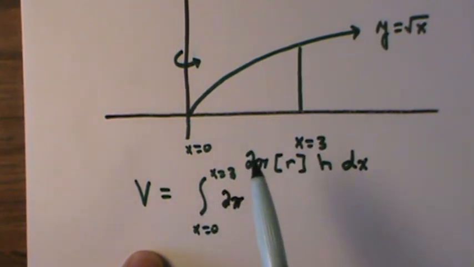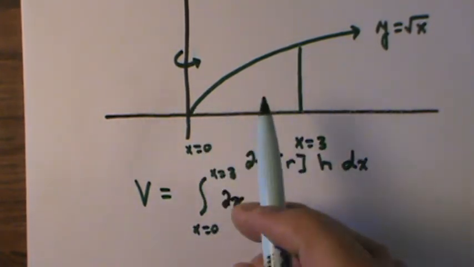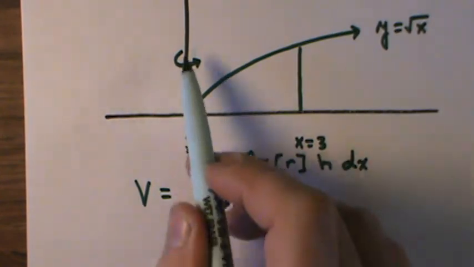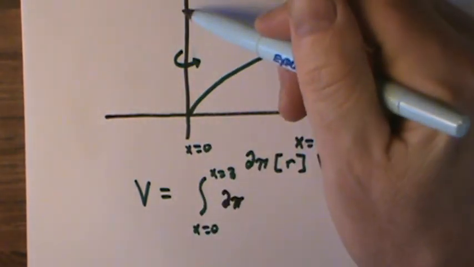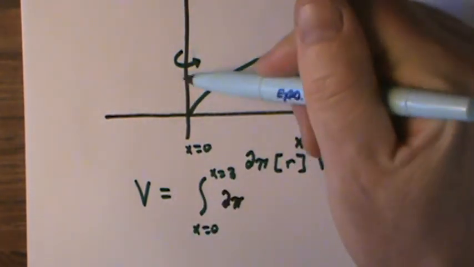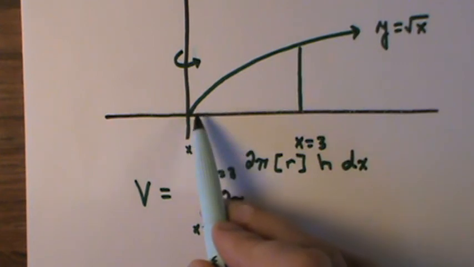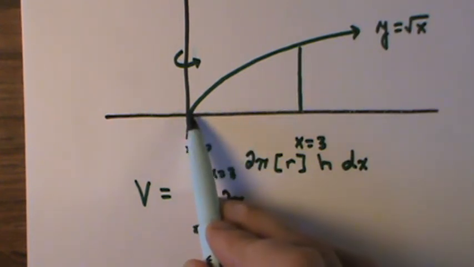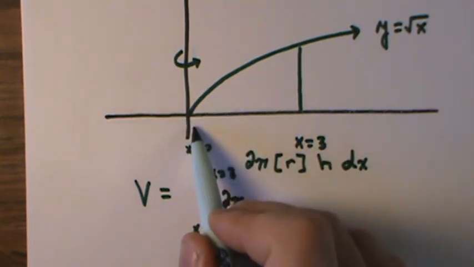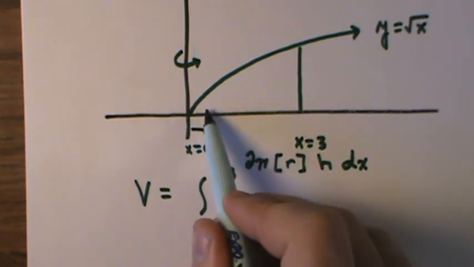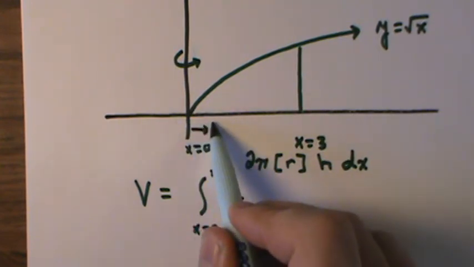The radius, well, the radius means you have to be egocentric. You have to be centered at your axis of revolution and ask, where am I going? You're going to go so many units to the right. I'm going to call that x. I'm going x units this far.